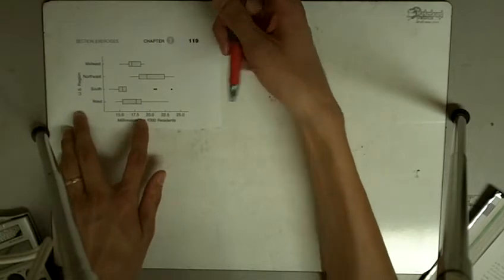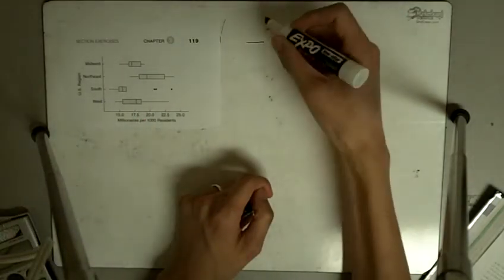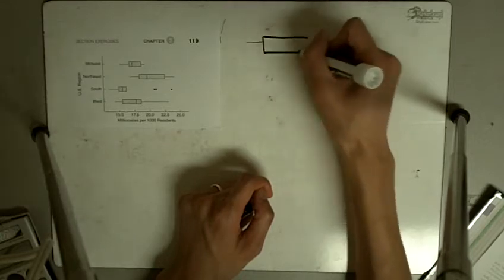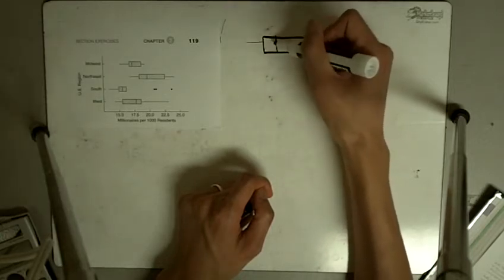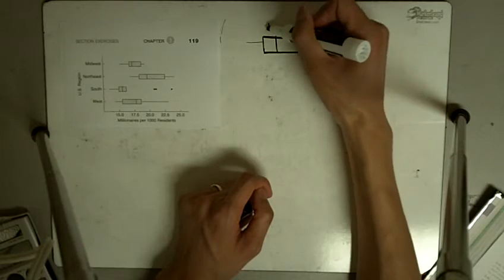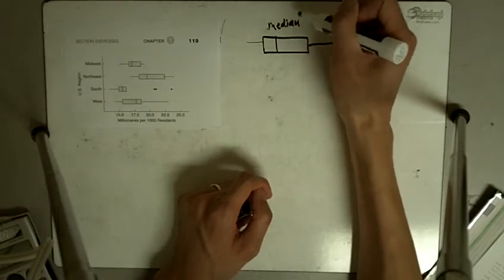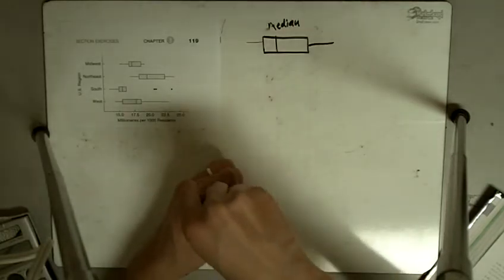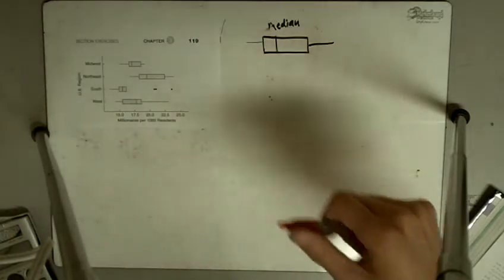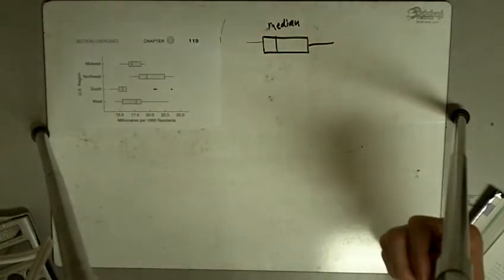And again, we have to remember that in a box plot, we've got the whiskers and we've got the box. The line in the middle of the box, that's the median. So which one has the lowest? We're going to go from the lowest to the highest in terms of medians.